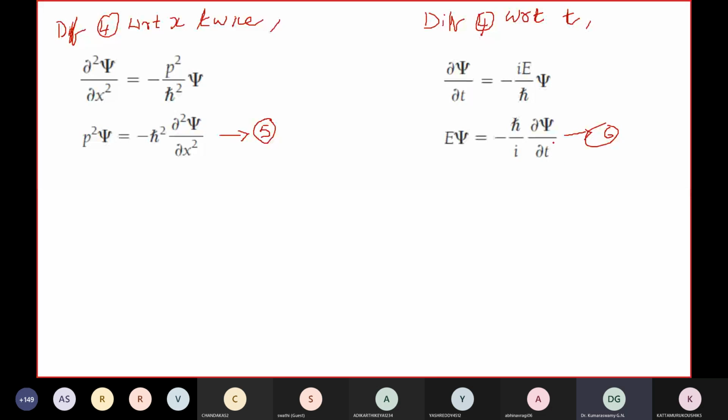Next, what we have, so we know that this is a general equation, right? E is equal to kinetic energy plus potential energy. Write down.